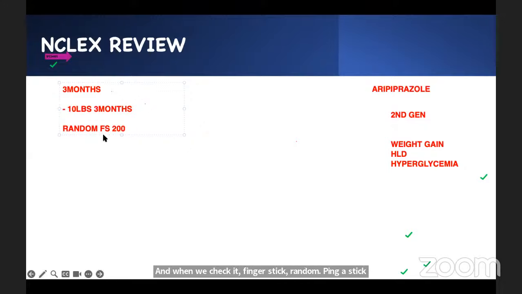Is that good? Random finger stick is 200. What do you guys think? Is it a good thing for this patient?